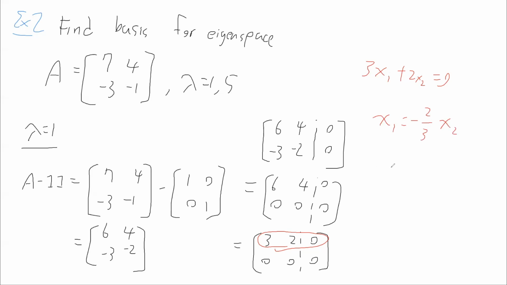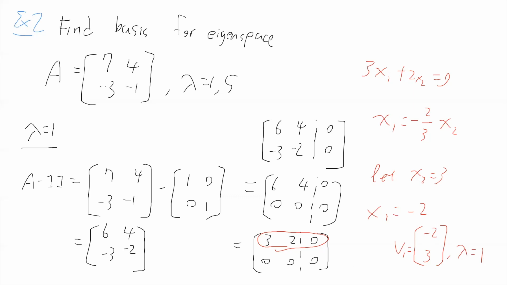So let's say let x2 be 3, then x1 will be -2. So we have our first eigenvector right here, -2 and 3. This eigenvector, let's call that V1, corresponds to lambda 1, because we got this by picking lambda equal to 1.